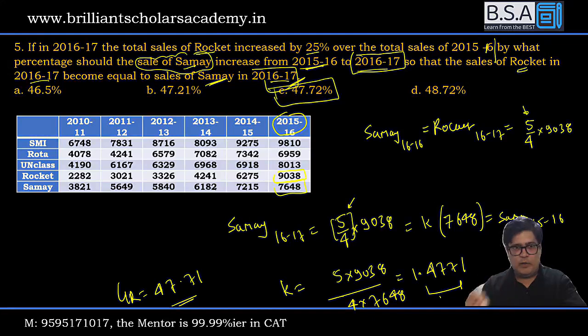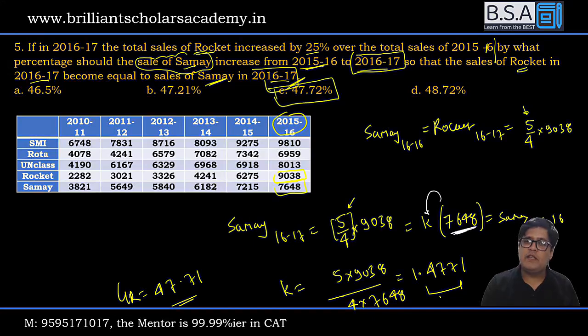So I'll repeat the whole solution again. फिर से एक बार पढ़ते हैं. So rocket का sales increased by 25%. How do we raise 25%? 5 by 4. 5 by 4 into 9038. Leave it there. That sale is equal to Samay. समय में कितना ग्रोथ है is the question. So previous year, this was the sale of Samay.